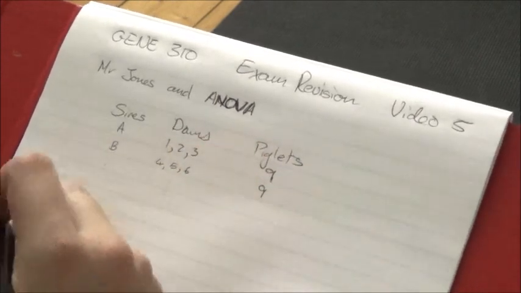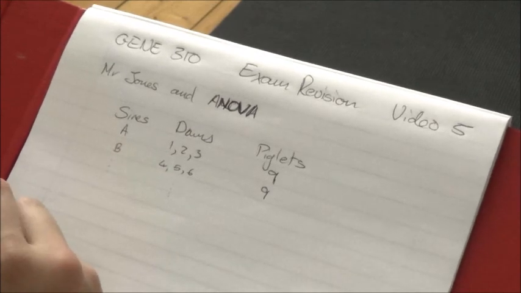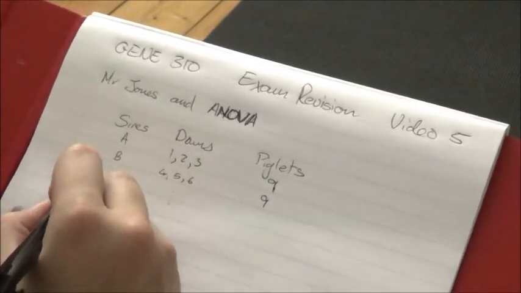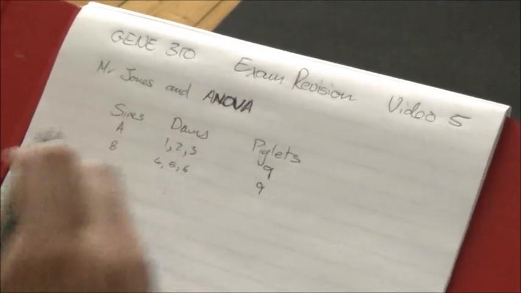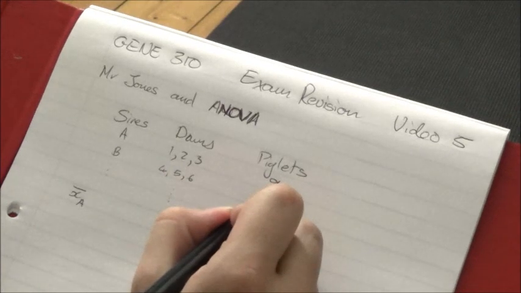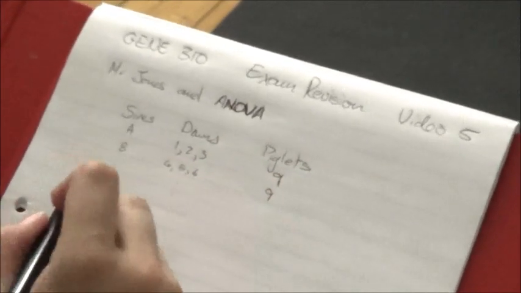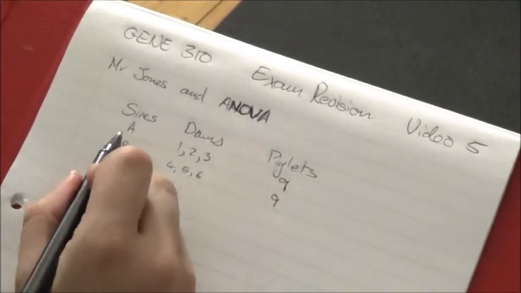And those are the phenotypic values that we are going to use for this question. So the first thing you need to do before you start is add up and find the mean of each sire, you need to find the mean of each of the piglets associated with each sire.